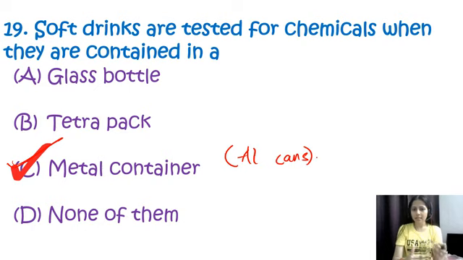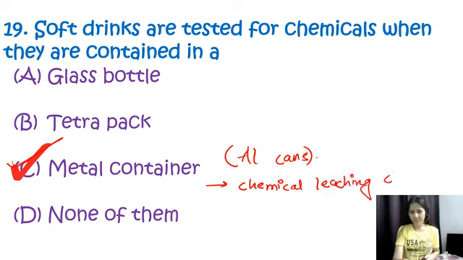These testings can include chemical leaching checks from the container material into the drink, and they ensure that the beverage remains safe for consumption. So over here my correct option will be C, that is metal container.